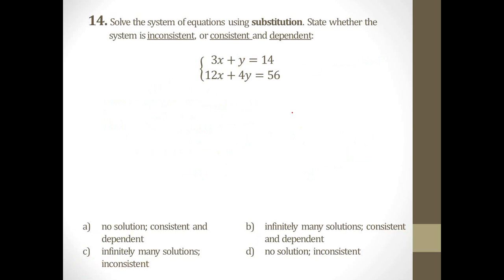When you're dealing with systems of equations, you have 2 options. You could either have no solution, or a solution. No solution means that these 2 lines are parallel, and solution means that either the 2 lines are crossing or that the 2 lines are exactly on top of each other.